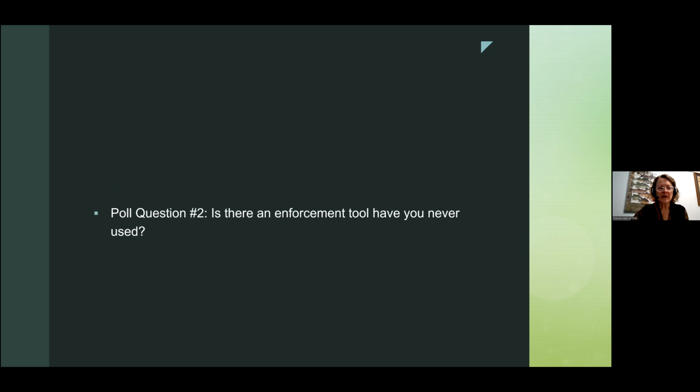All right. I have another poll question, and these are our only 2 poll questions. We're going to get you more involved down the road here, but I'd like to know if there's an enforcement tool that you've not used to this date. We'll talk a little bit about when to pull those enforcement tools out.